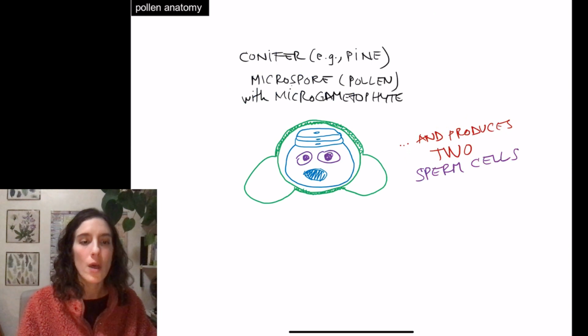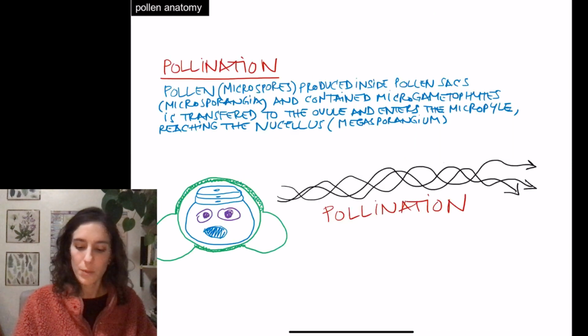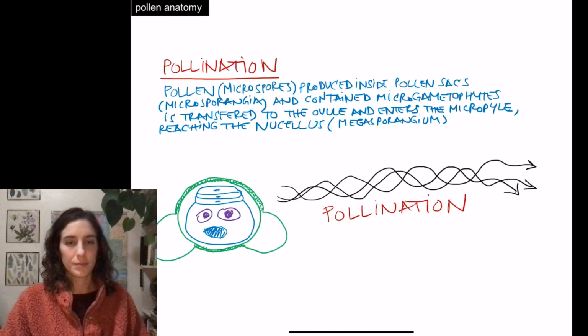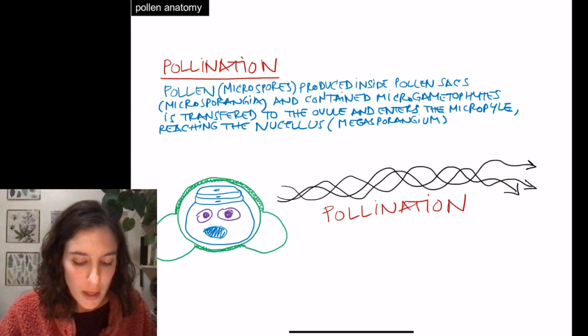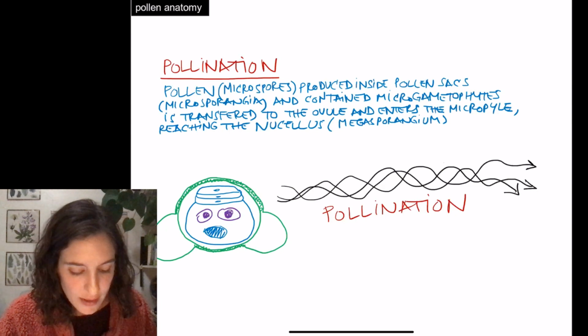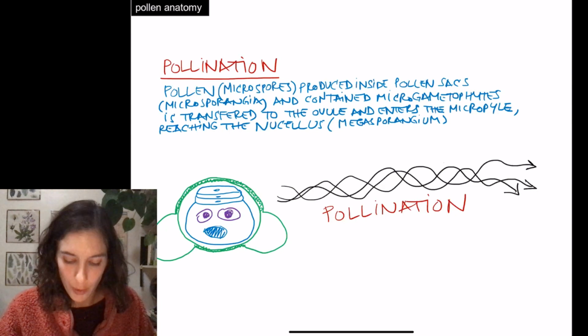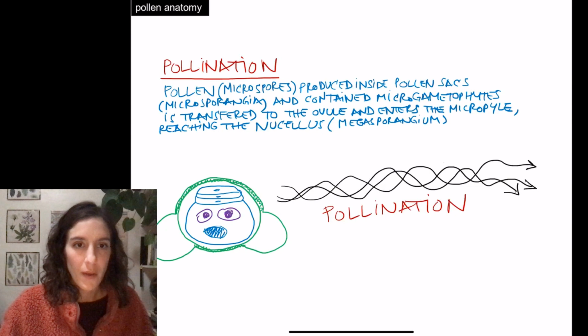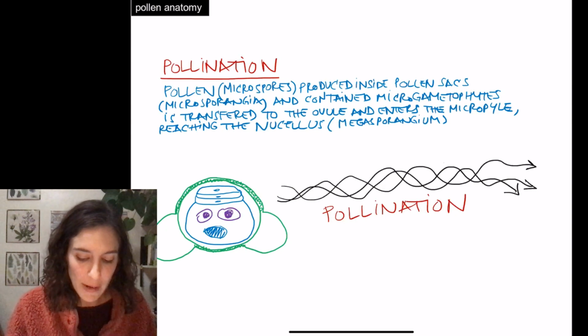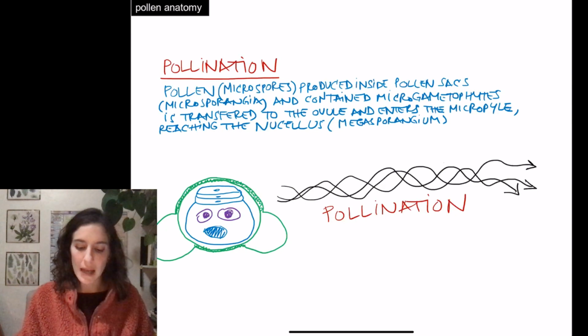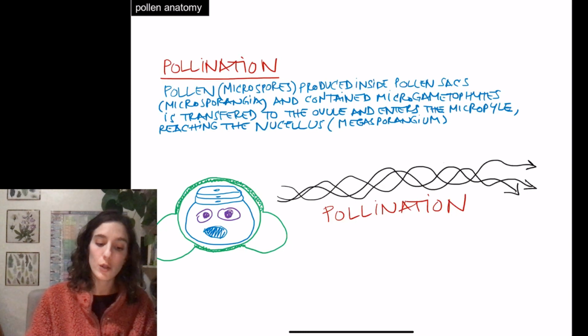Okay, so now, pollination. I talked about this in the last video, but let's talk about it again. Pollen is produced inside of pollen sacs and contains microgametophytes. These microgametophytes are transferred to the ovule and enter the micropyle, reaching the nucellus.